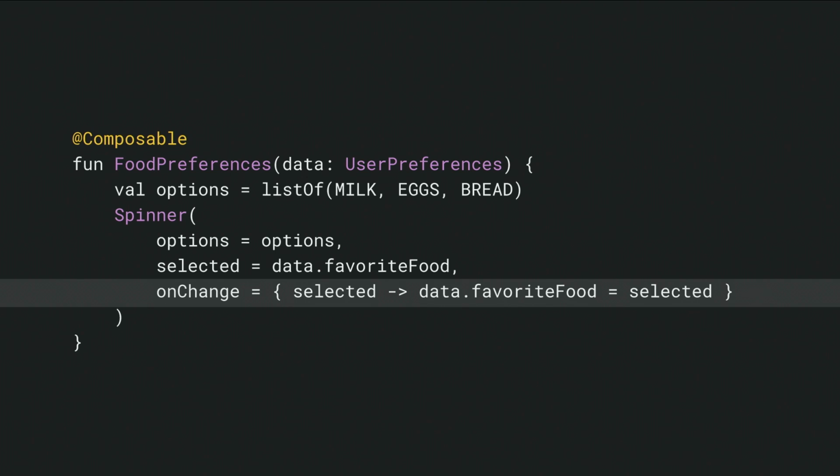The parent widget, in this case food preferences, is in control of what the spinner is showing. And when the user indicates that they want to make a change, the spinner executes the onChange code, which will result in the data being updated. The spinner doesn't know which data is being updated or what to do. It just calls onChange. When the data does get updated, this compose function will get recomposed, and the new selected value will be set.